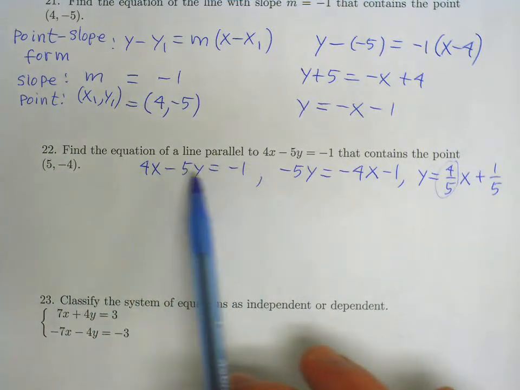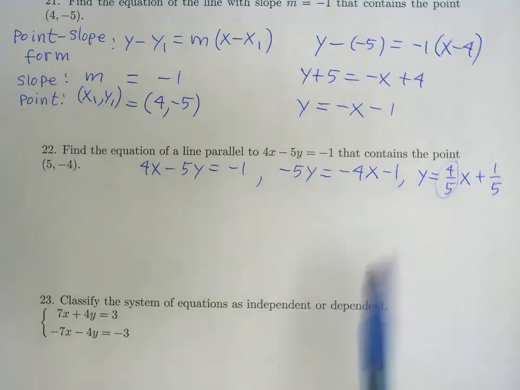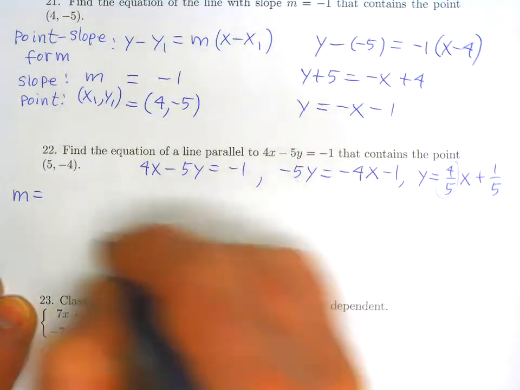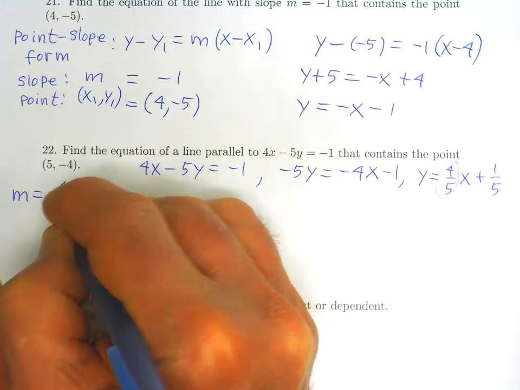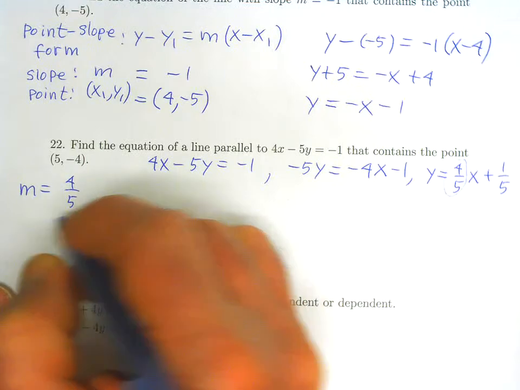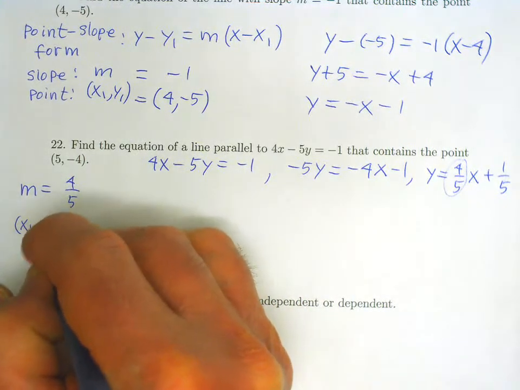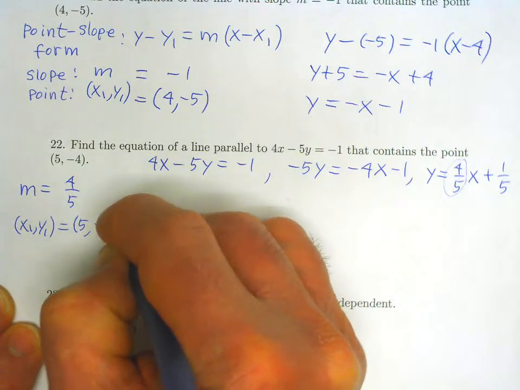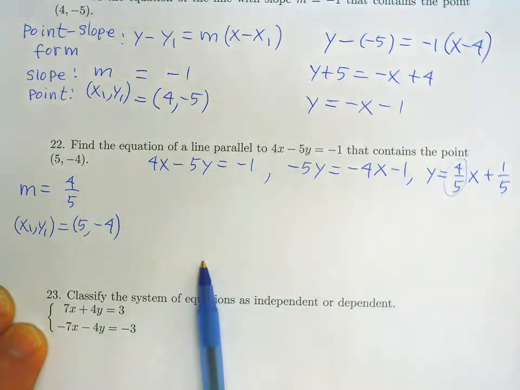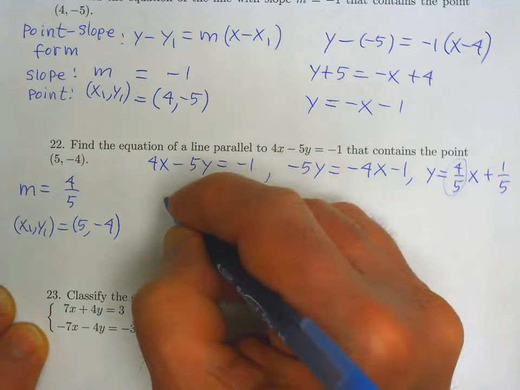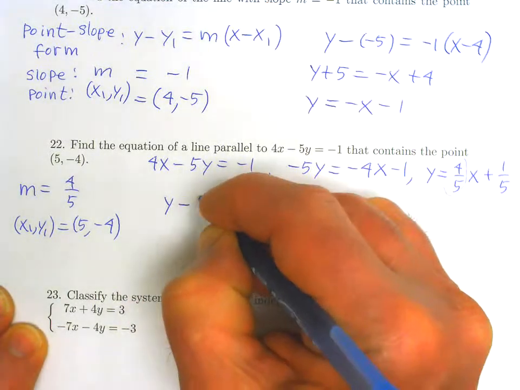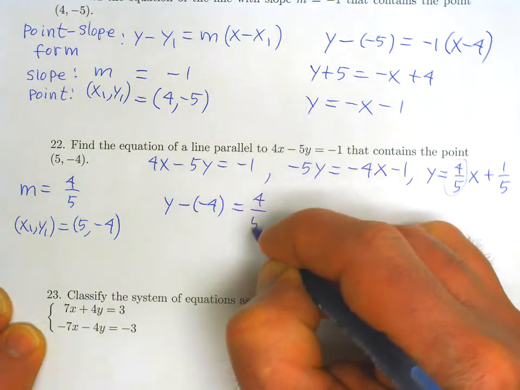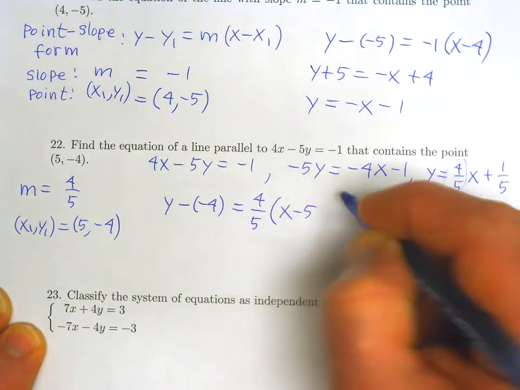So the new line will also have slope 4/5. So we have the slope m equals 4/5. We have the ordered pair x1, y1, given to be 5, negative 4. So we can write down the point slope equation again. This time it's y minus negative 4 equals the slope 4/5 times x minus 5.